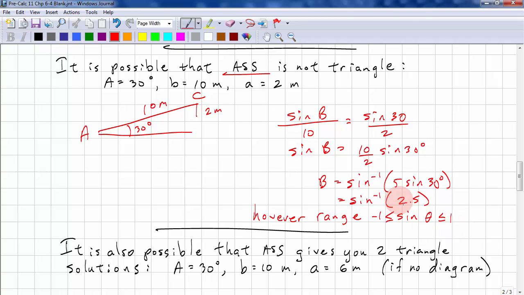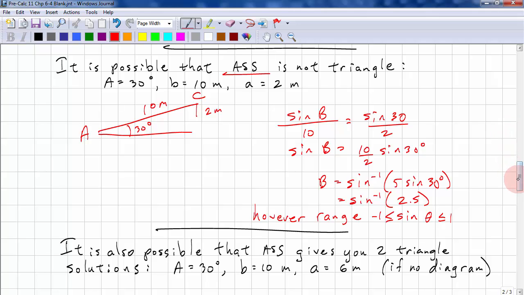That means the domain of inverse sine is -1 to 1. So there's no solution. And visually, if we look at this 2 meters just can't reach this line. It's just not long enough. So that's another way to explain the error. So you can look at the domain of inverse sine, and you can look at the triangle itself.